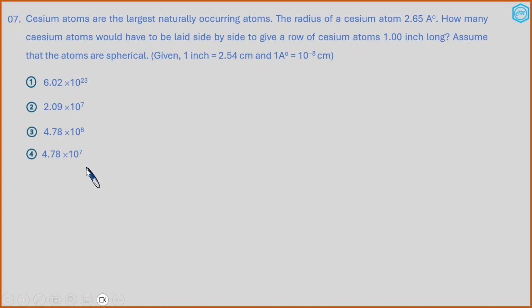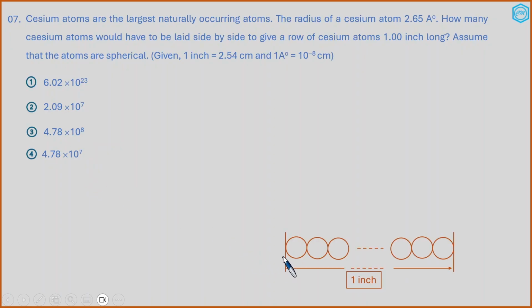Now first we have to construct the unit factors. And before that, what we have to find out is, suppose these are cesium atoms. Now this distance is 1 inch. We have to calculate the number of cesium atoms that are present in this much distance. And the diameter of a cesium atom is 2.65 into 2, that is 5.30 angstrom.